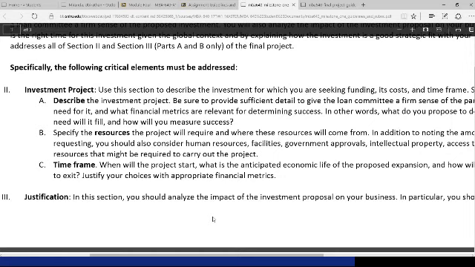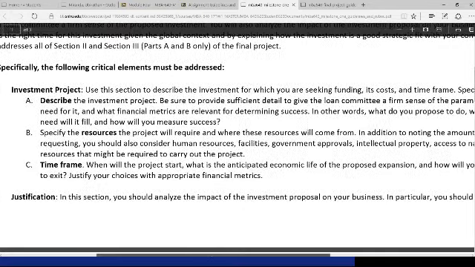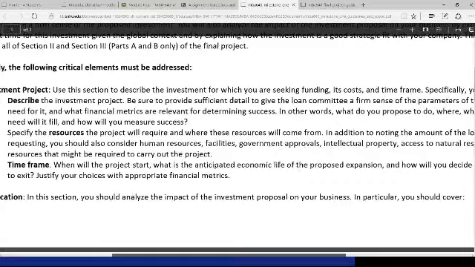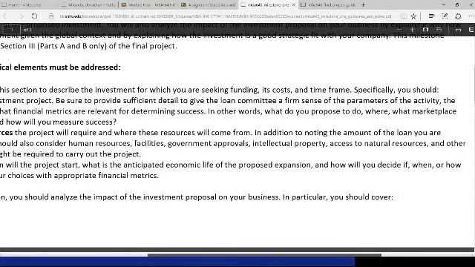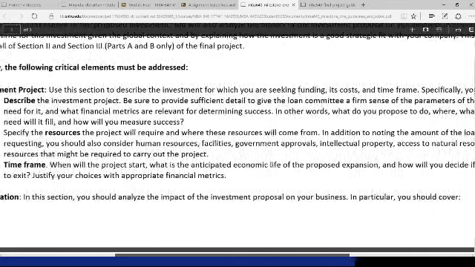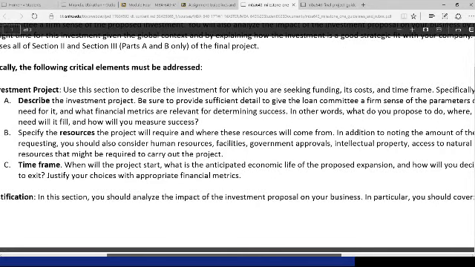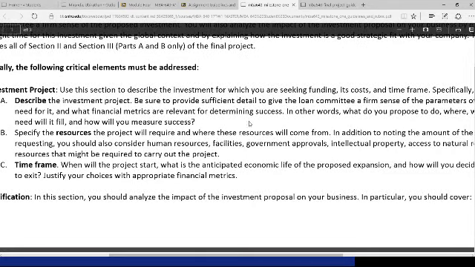Now, the investment project: you're going to first describe the investment project. Be sure to provide sufficient detail to give the loan committee a firm sense of the parameters of the activity. Again, the code word here is sufficient detail.